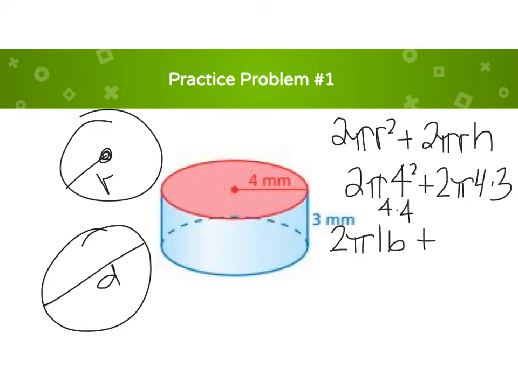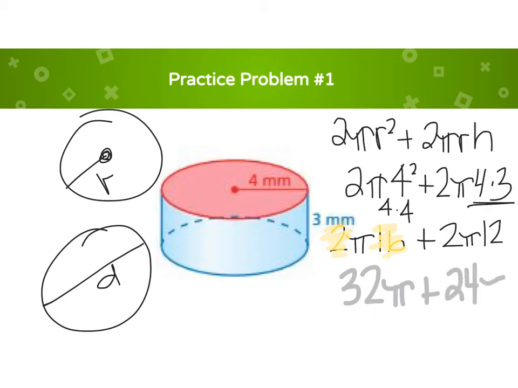Plus, and I'm just going to go with 4 times 3, 2 pi times 12. Now, the next thing that I'm able to do is, the pi is kind of like having an x, so to speak. It's not really an x, but since we're multiplying 2 times pi and 16 times pi, we can multiply those together first. So if I multiply 2 times 16, I get 32 pi plus, and then I do 2 times 12, 24 pi.